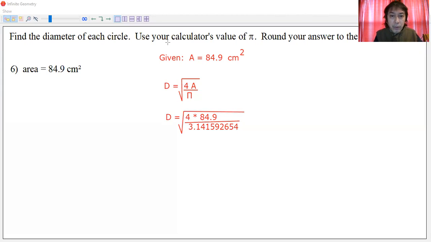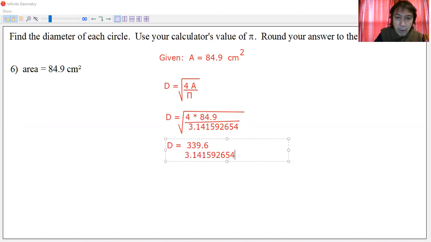All right. So we shall get the product. So this will be 4 times 84.9. That's 339.6. 339.6 divided by pi. And of course, after we divide, we extract the square root.